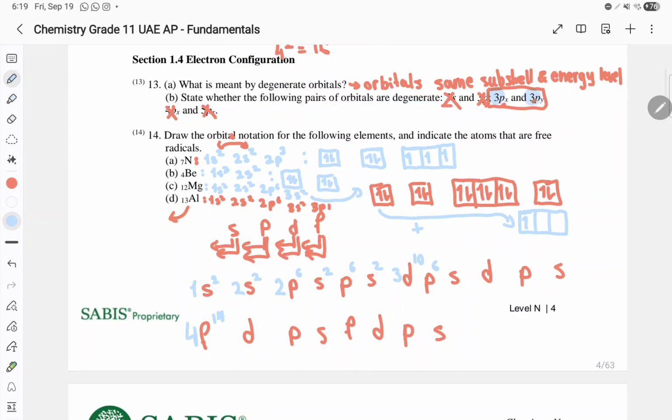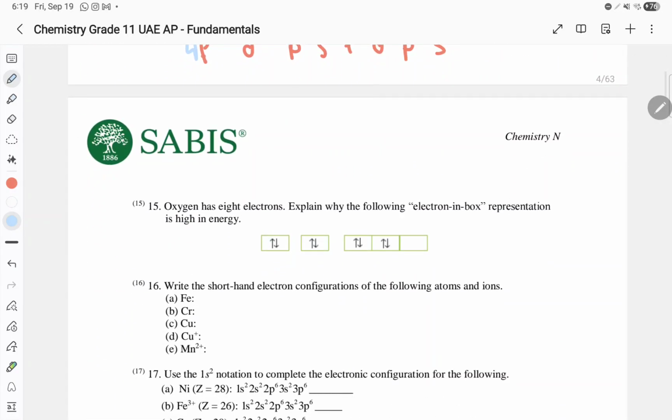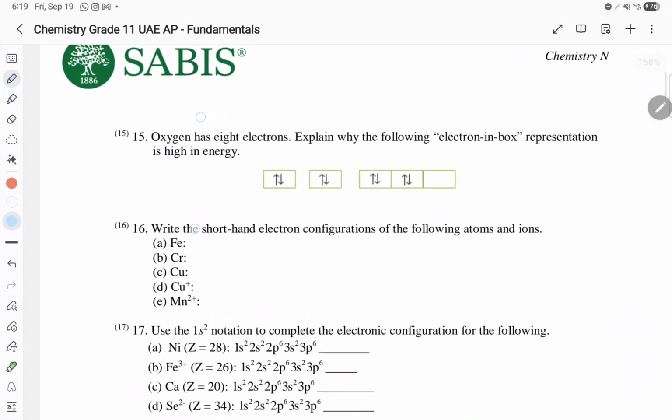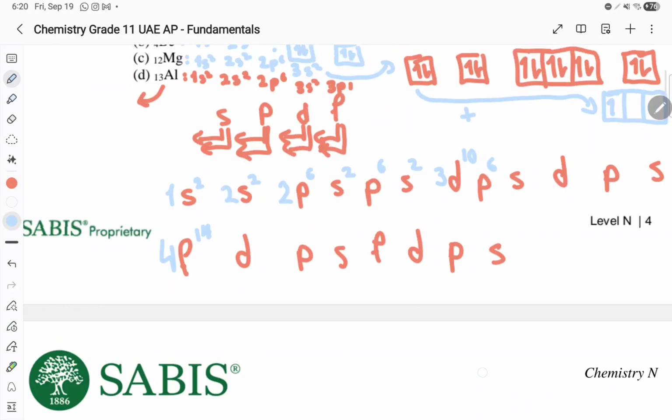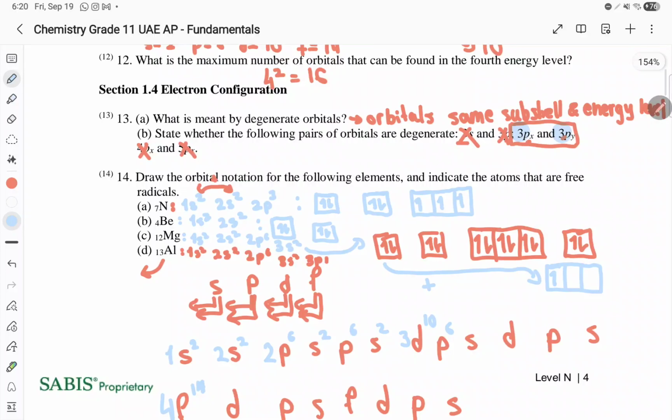Now, oxygen has 8 electrons. Explain why the following electron in a box representation is high in energy. Now, wait, I think I missed something in this. Okay, yeah, I did. And it's asking us, state which electrons are free radicals.